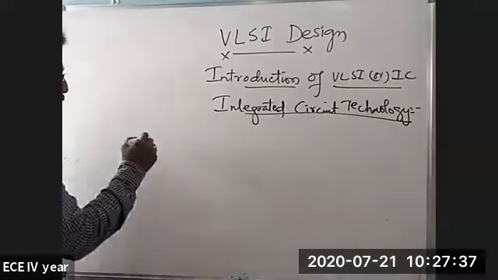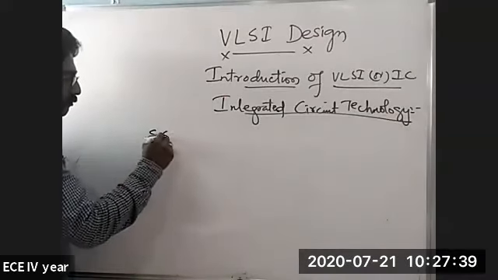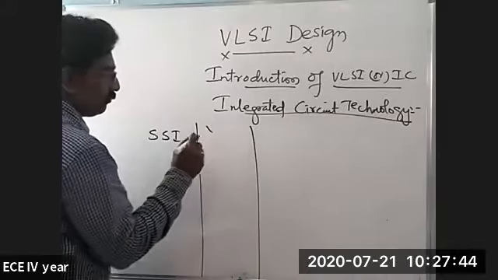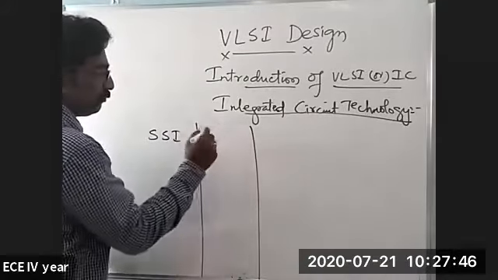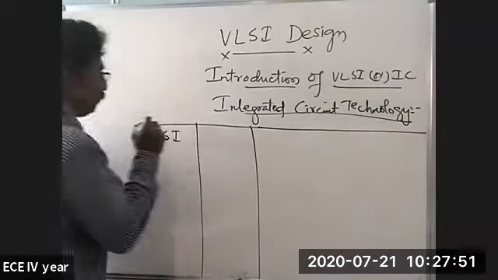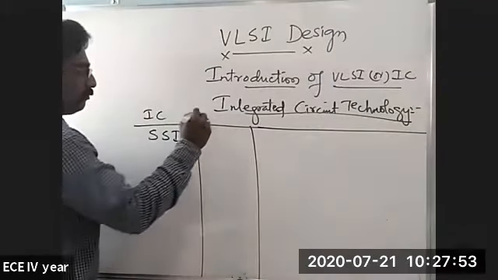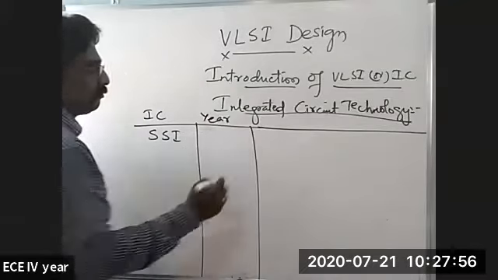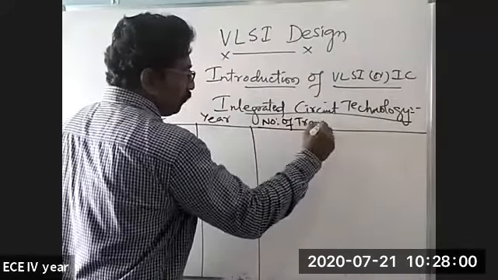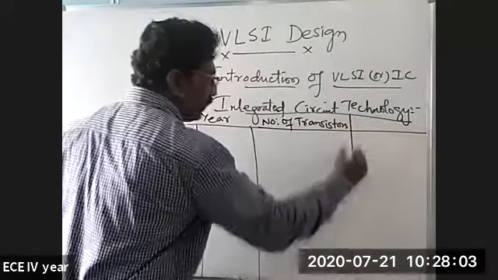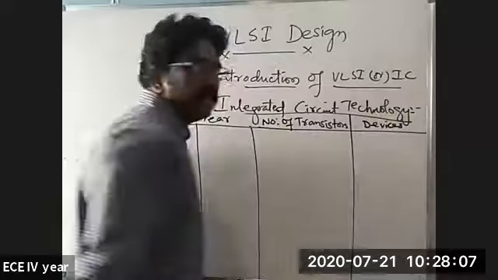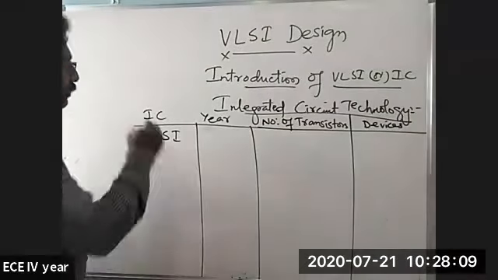So first, the number of transistors in the present circuit devices. So let us see now.